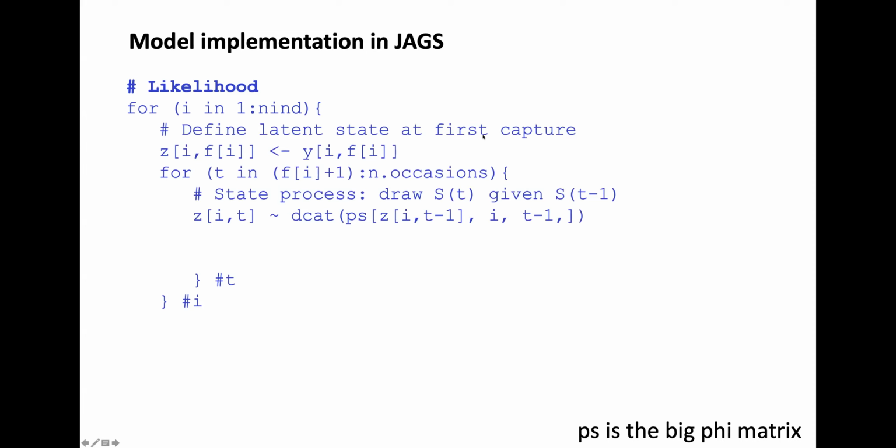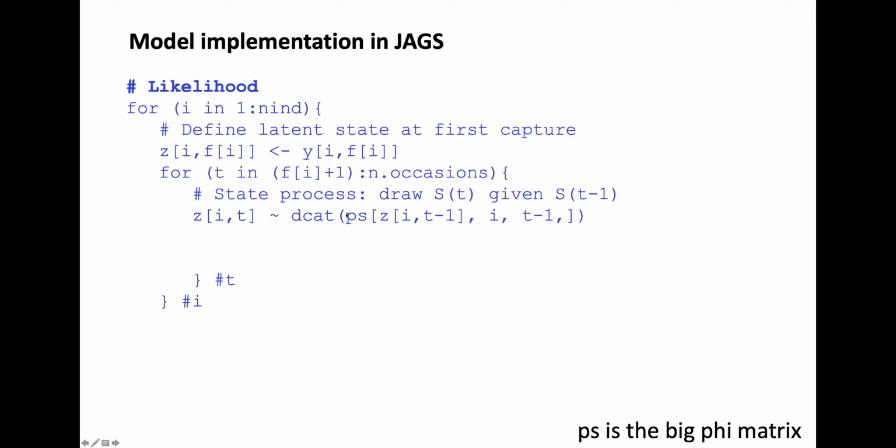And the state process, okay, so you remember the state of your individual i at time t, you pick that in a categorical distribution, which is just a multinomial distribution with one trial. And what you need is to specify the parameters of this dcat distribution.